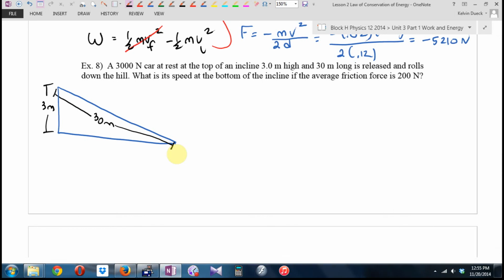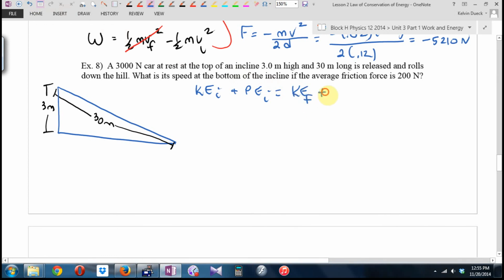I might start out by saying, hey, kinetic initial plus potential initial equals kinetic final plus potential final. Noah, is this question mentioning heat or the friction force or anything? Or can I leave that off? So plus heat.